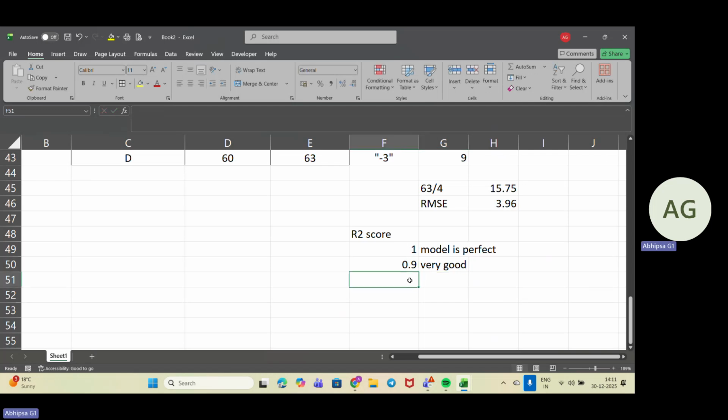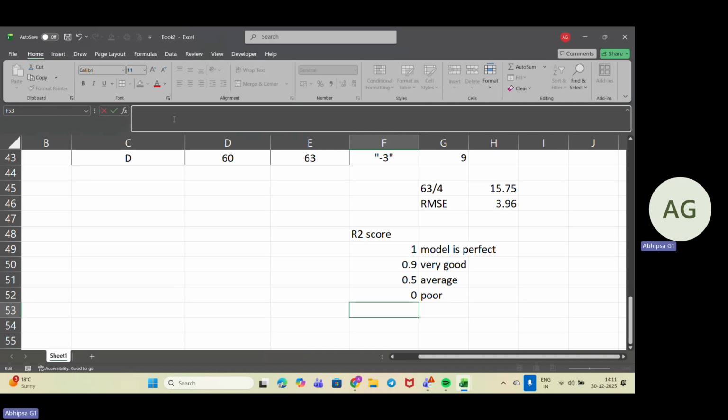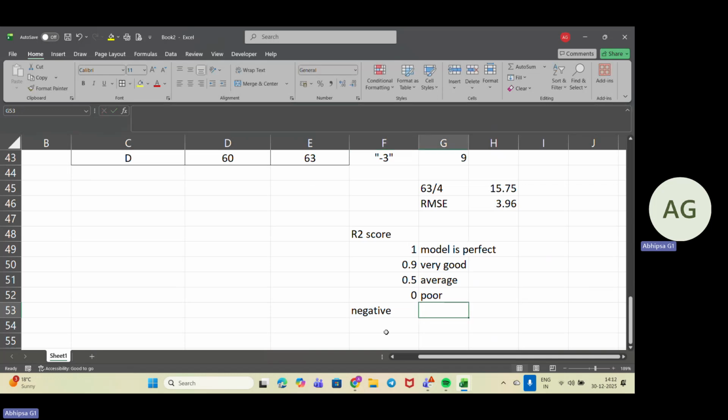If it is around 0.5, it is average. And if it is 0, then it hasn't learned anything. Poor. And if it is giving us a negative value, that means it is unable to predict accurately. So it is not able to predict correctly.